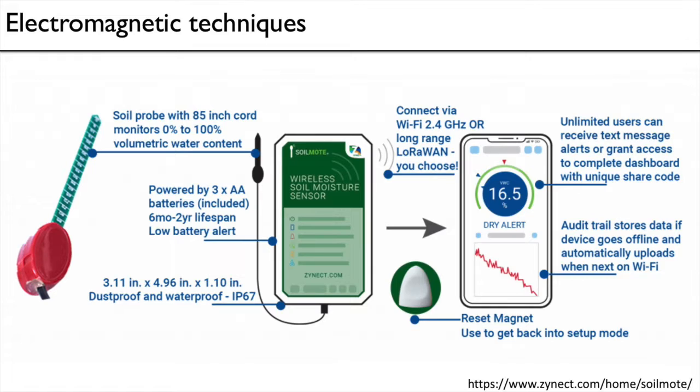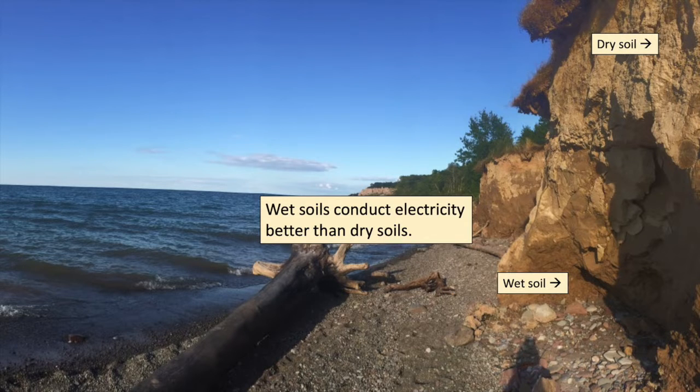If it's all water, it should conduct pretty well, and if it's just dry earth, it probably should not conduct very well. What we end up measuring ultimately is usually the capacitance of the soils themselves, and as that capacitance varies through time, you end up with a proxy measurement for soil moisture content.